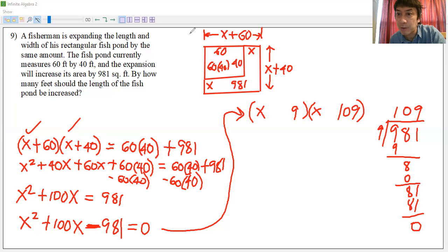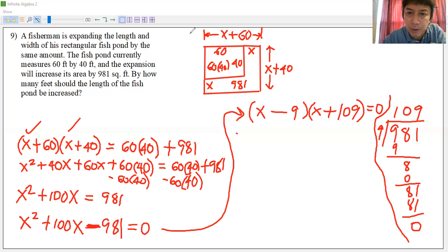And that's the difference of 109 and 9. The difference is 100, okay? So we will take the 109, the higher number positive, and the lower number negative. And this is equal to 0.